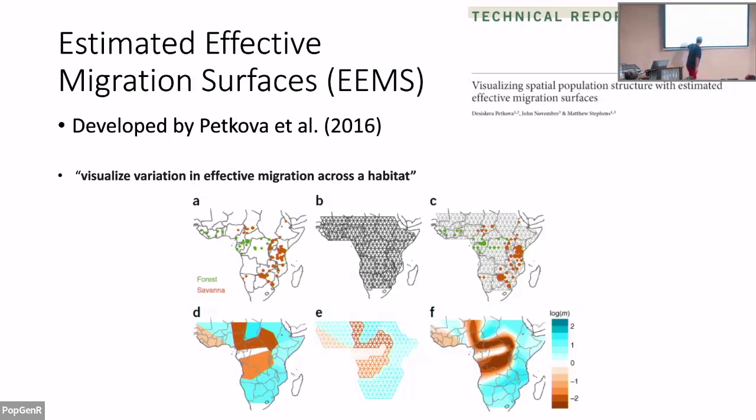Yeah? But basically, this tells me, this is a log m, it's a funny system, it's a log 10 actually. It means if I have a 1, my migration rate, if you want to, the effective migration, is 10 times higher than the average migration rate. So everything that's connected by blue areas is highly connecting habitat.